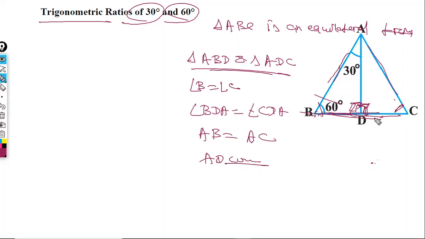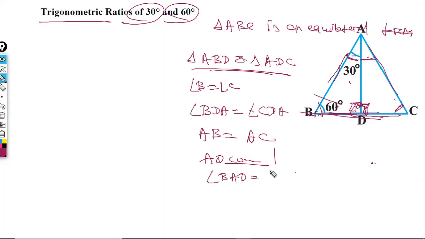So can we make these two triangles congruent? Side, angle, side. If two angles are equal, then the remaining angles must be equal too, so angle BAD is equal to angle CAD.